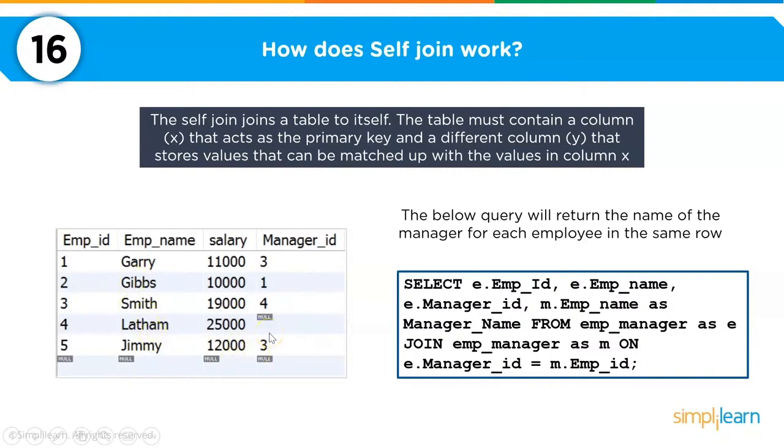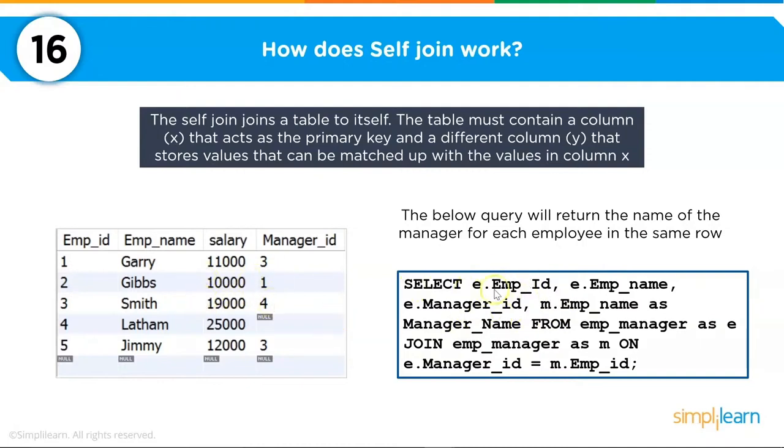Okay. Now I want to use this table and return the name of the manager for each employee. To do that, I'm going to use my self join. So here I'm using a self join to join both the tables. Here both the tables mean I'm using the same table twice.